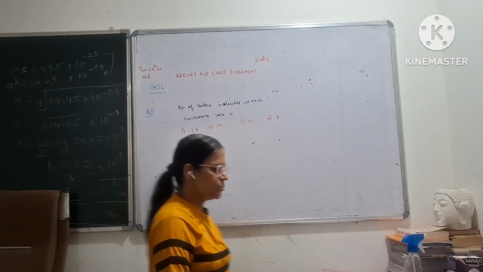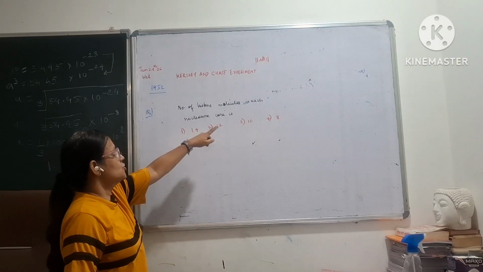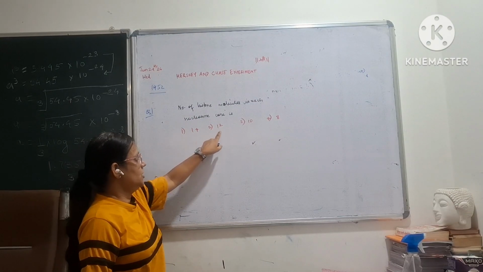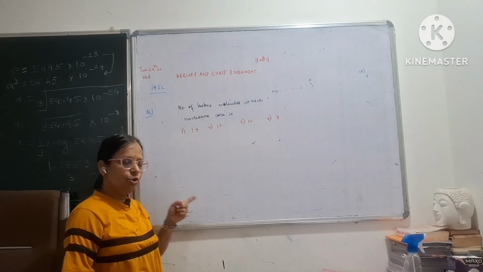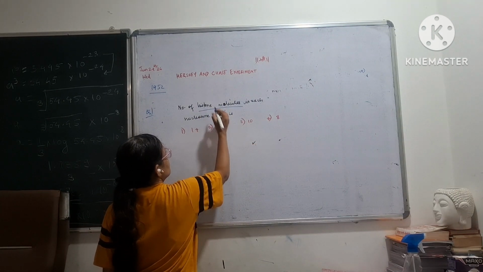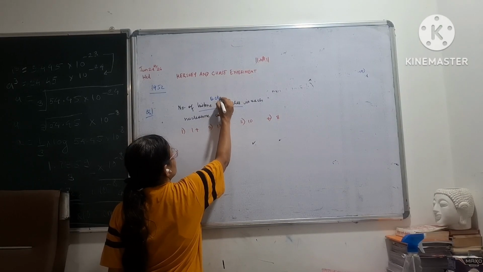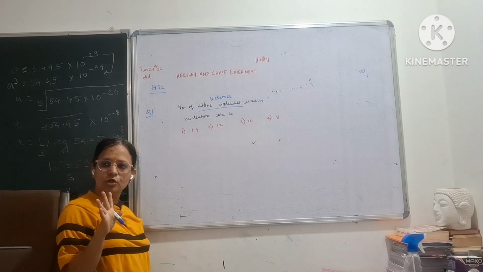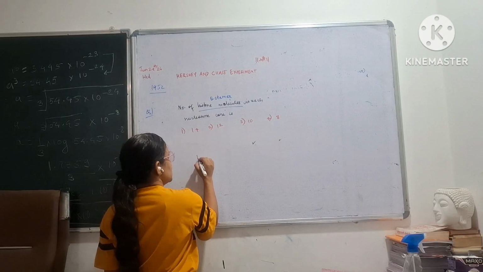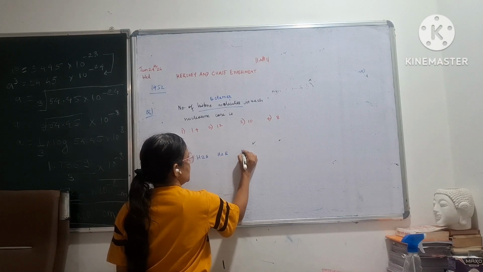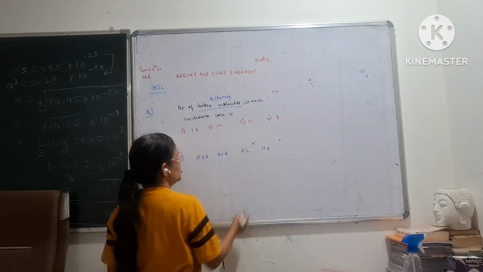They are asking in this question, the number of histone molecules in each nucleosome core is. Options are 14, 12, 10 and 8. Now we know that histone molecules form an octamer, okay? They are basically an octamer of four types of histone proteins, that is H2A, H2B, H3 and H4.